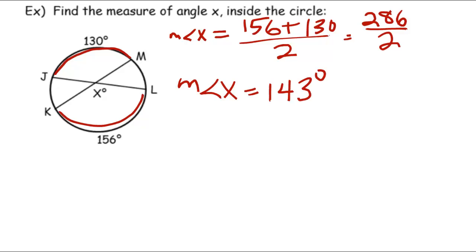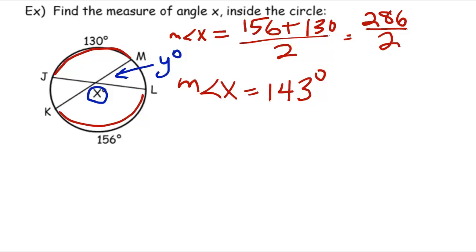Now remember, if I wanted this angle, say this angle right here is Y, well, since I've already found angle X is 143, I could subtract that from 180 to get angle Y. Now why is that important?